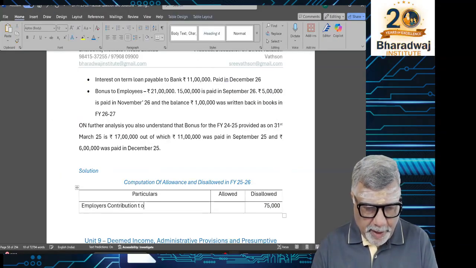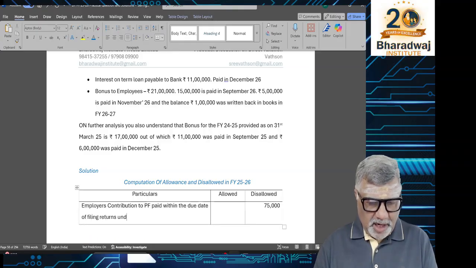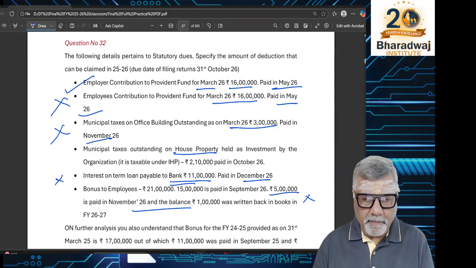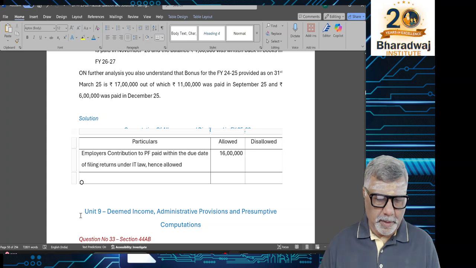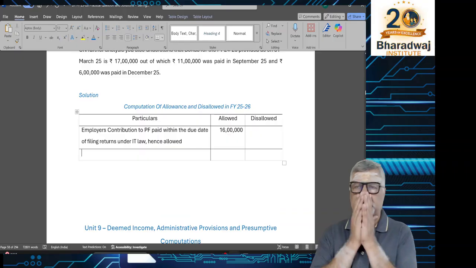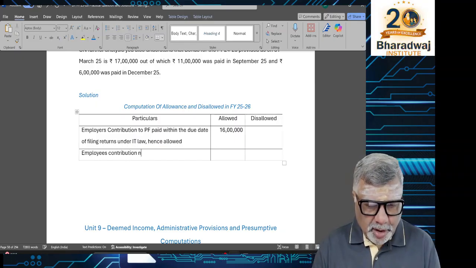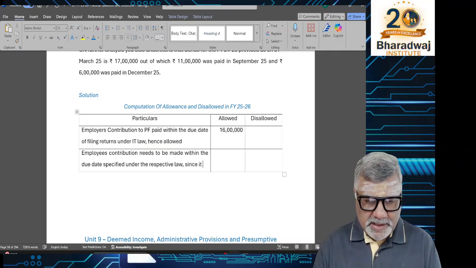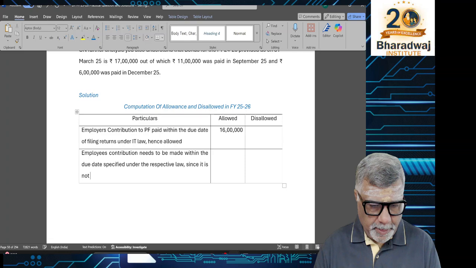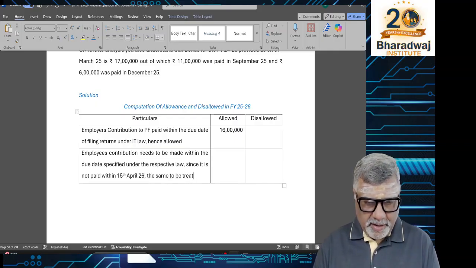Employers' contribution to PF paid within the due date of filing returns under IT law, hence allowed. Employees' contribution needs to be made within the due date specified under the respective law. Since it is not paid, the same is to be treated as income.